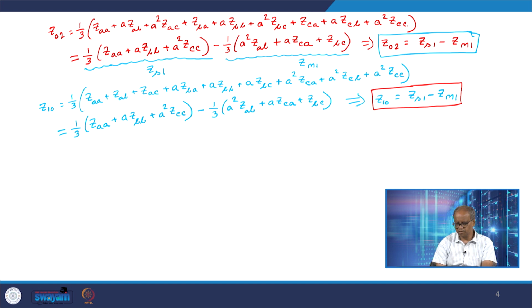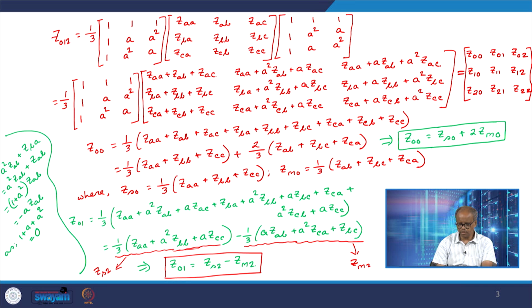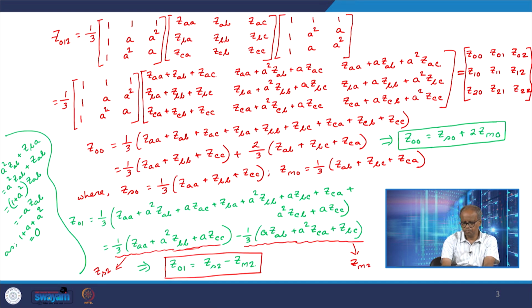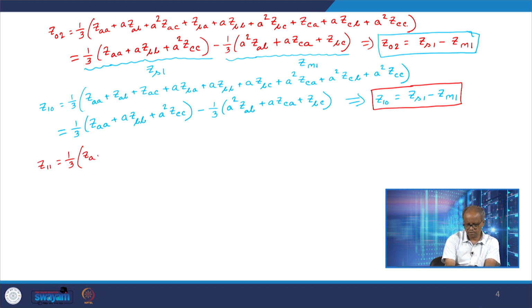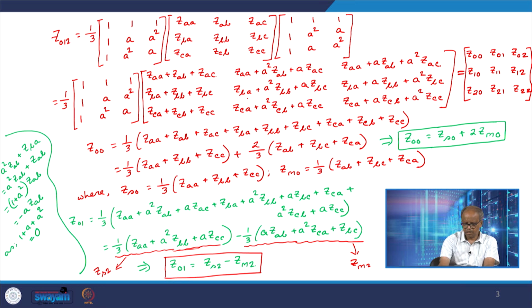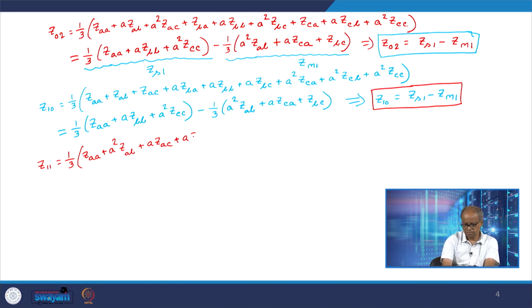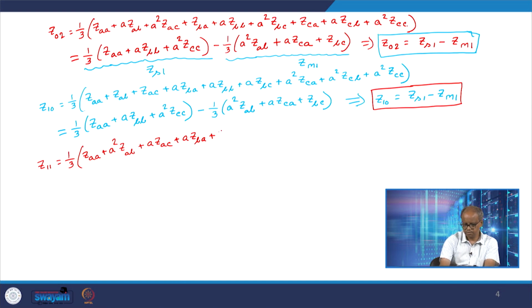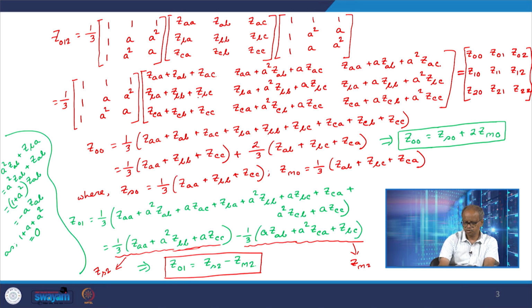Right. Then the next one is Z11. So Z11 would be ZAA plus A square ZAB plus AZAC, then AZBA plus A cube ZBB, meaning ZBB, plus A square ZBC.